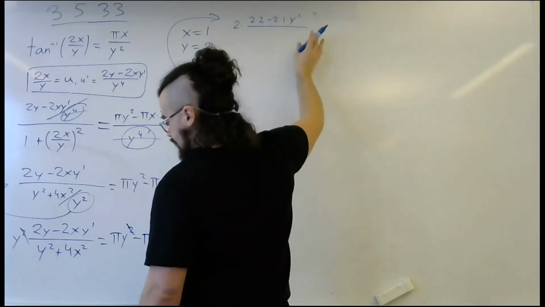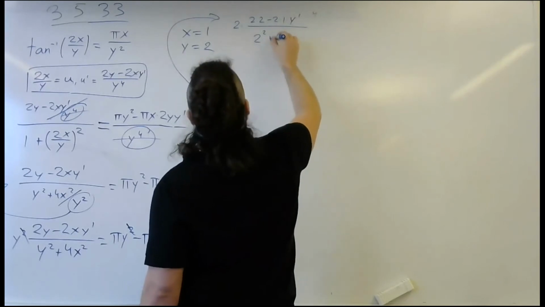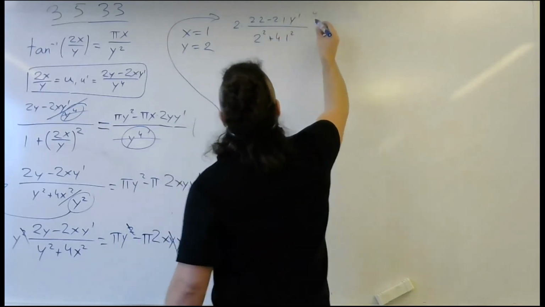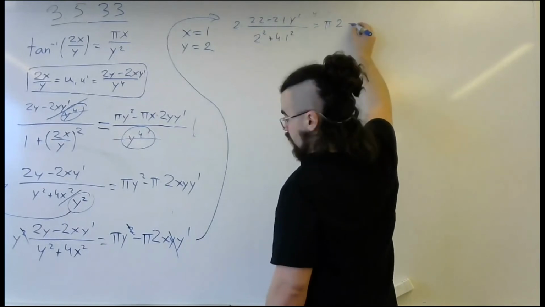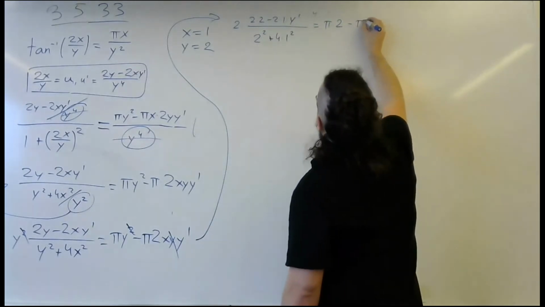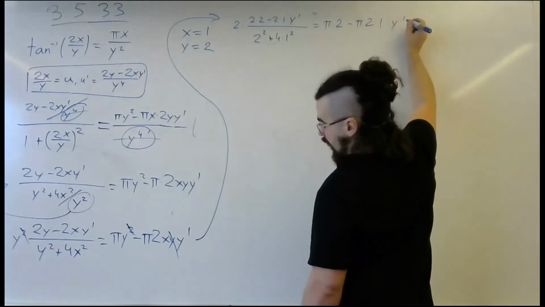And we leave the slope as it is. 2 squared plus 4 times 1 squared. This is pi times 2 minus pi times 2 times 1 times y prime.